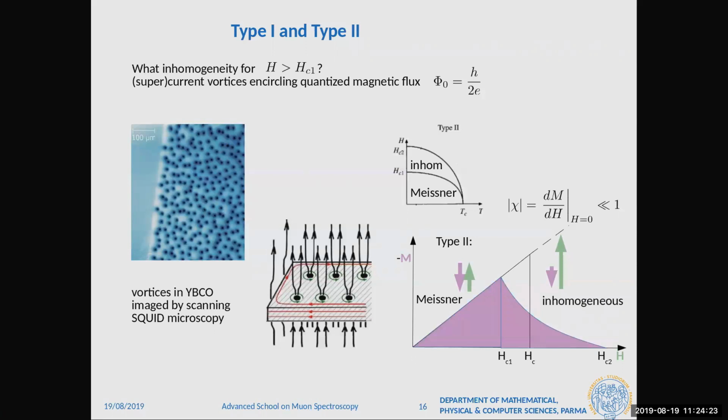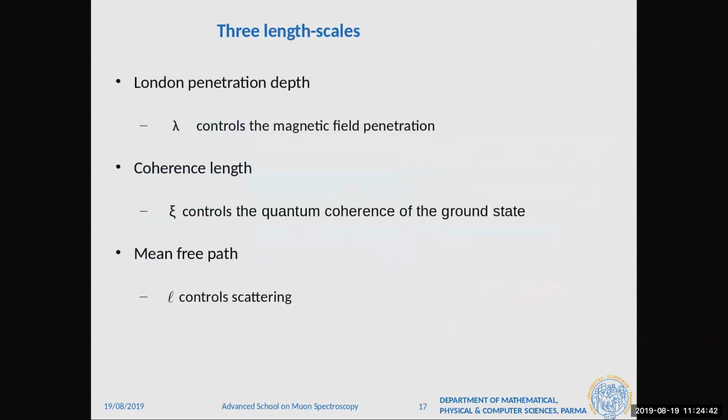So the field is strong where these black lines are, and you can see here the plots, right? And they mean that there is a circulating countercurrent. There is a screening current outside the sample, but then circulating countercurrents around these vortex lines, and this explains the inhomogeneous state.